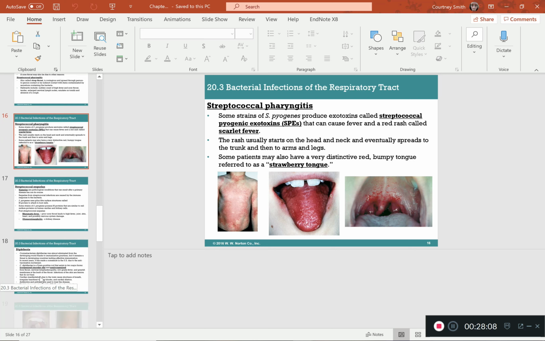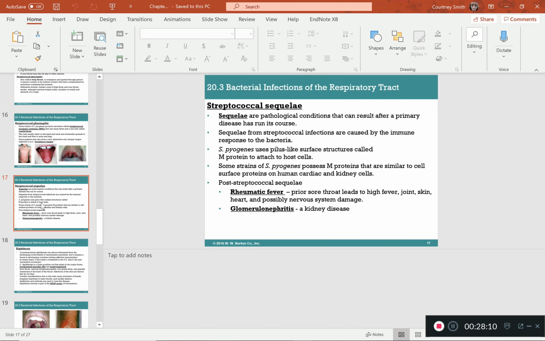But then also strep can cause something called sequelae. So sequelae are conditions that result after you've already had a strep infection. And the general presentation is rheumatic fever or kidney disease.